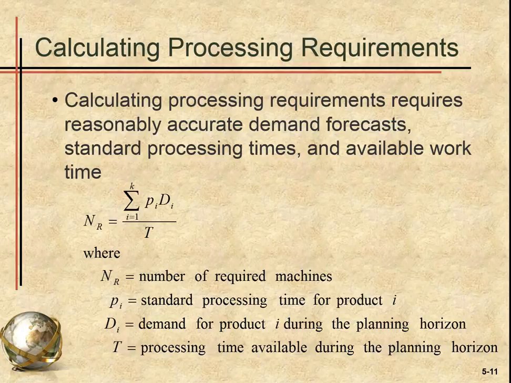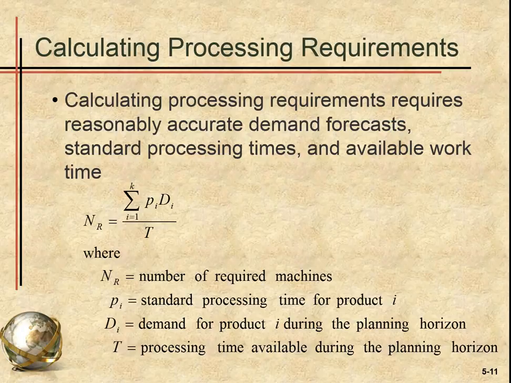So in order to know how many machines you're going to need to buy, it's simply the time it takes to manufacture a product times the demand for the product divided by the total amount of time you have per machine equals the amount of machines. Very straightforward.